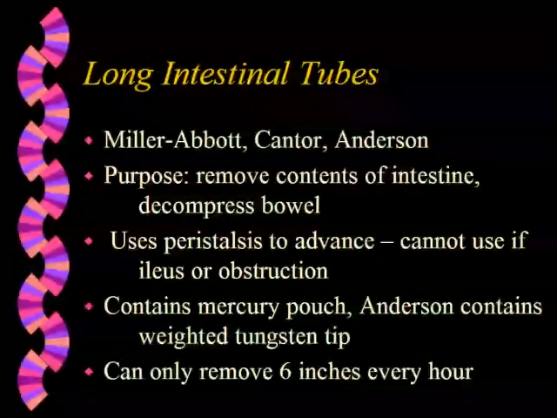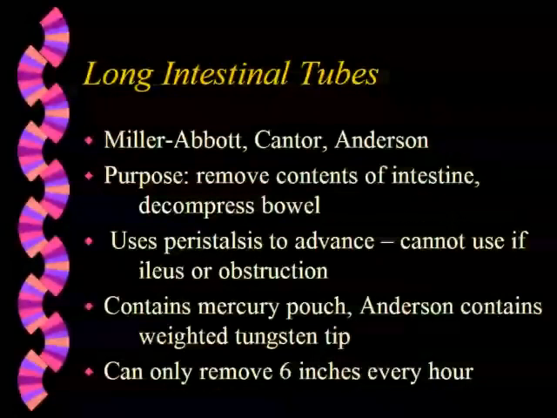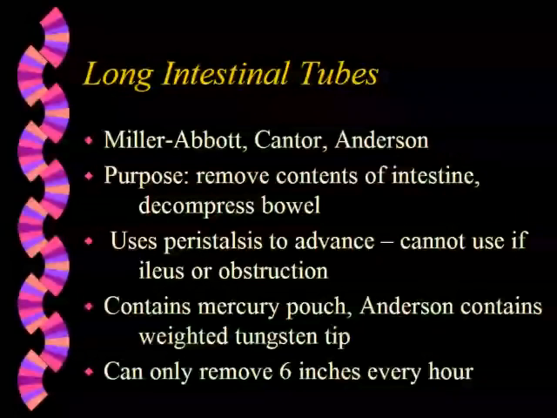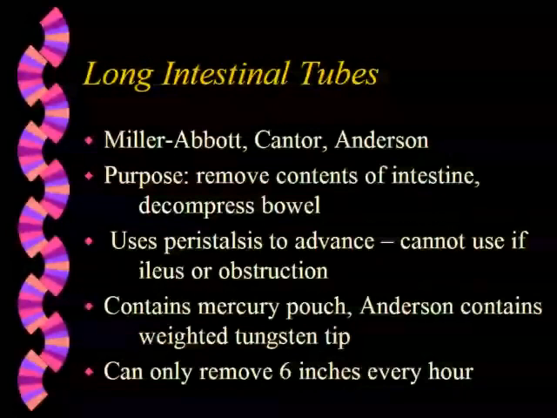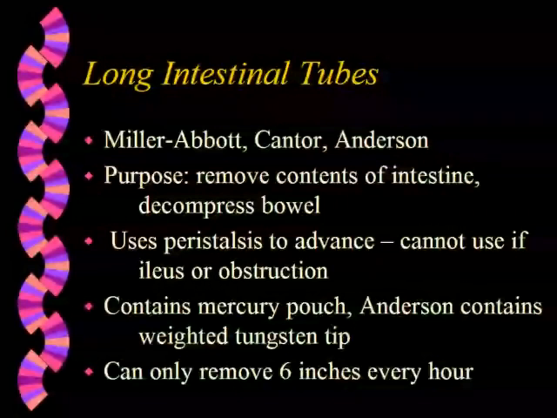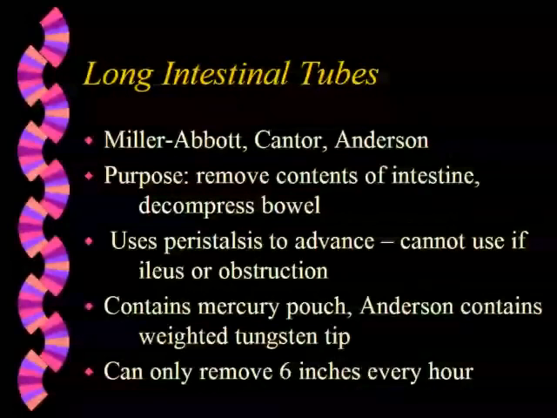This uses peristalsis to advance it, so if you have no peristalsis, as in an ileus or an obstruction, you cannot use them. You can only advance 6 inches every hour, and the nursing care is the same as for the other tubes that we have discussed.